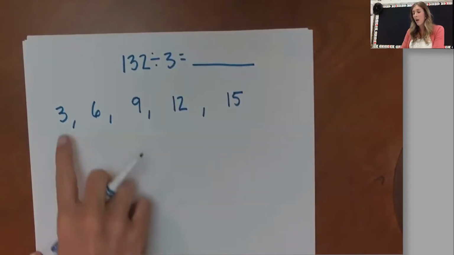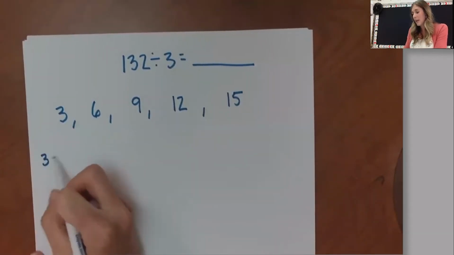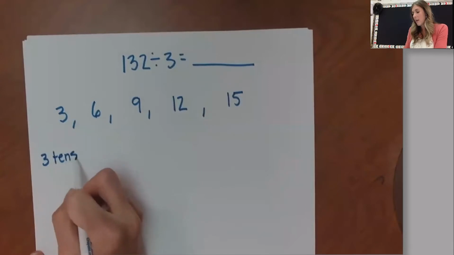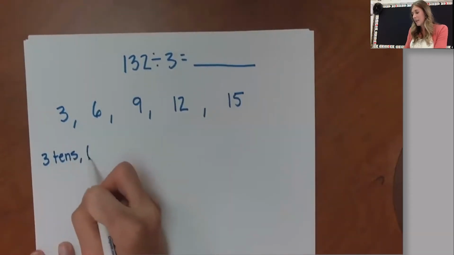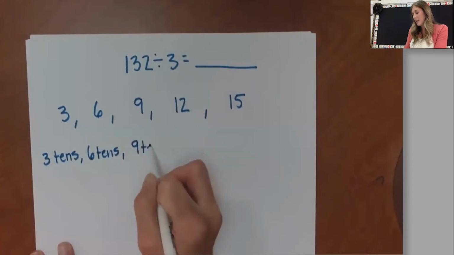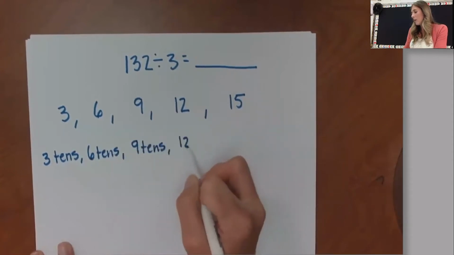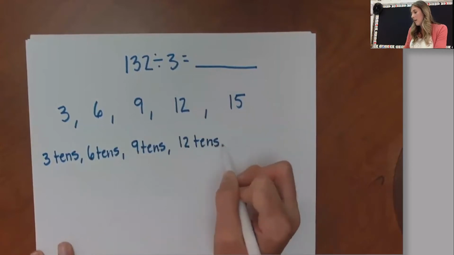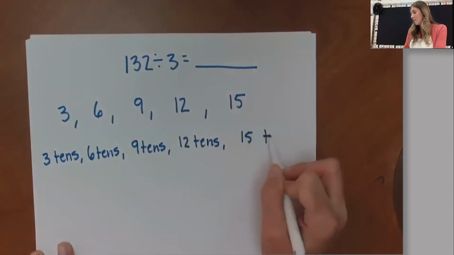But we can think about 3 as 3 tenths and 6 as 6 tenths, 9 tenths, 12 tenths, 15 tenths.